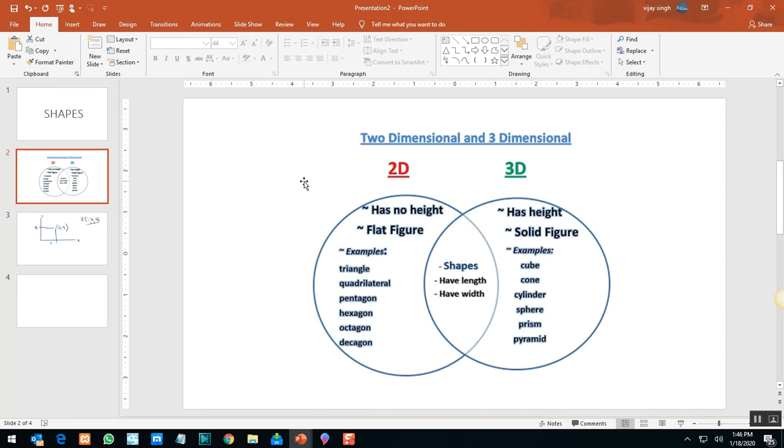I have shown you so many examples: triangle, circle, rectangle. How can you forget? And for solid shapes, the examples are cube, cuboid, sphere, cylinder, and cone. All these are 3D shape examples.